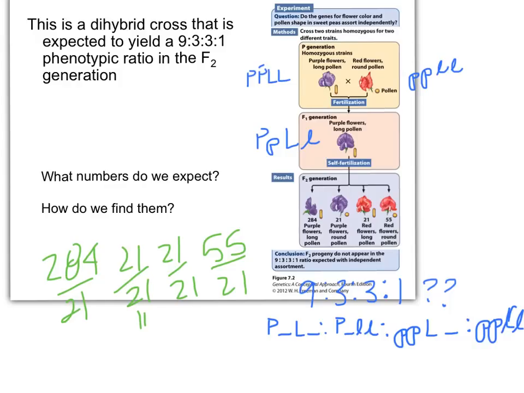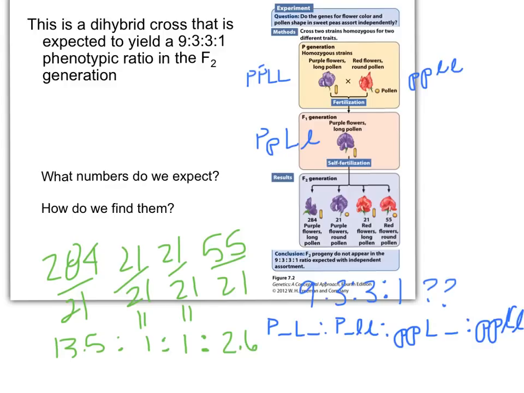Okay, back to business. So these are 1, yes? Yes, we all know that. What's 284 divided by 21? That equals 13.5. Okay, 13.5 to 1 to 1 to, what's 55 divided by 21 equals 2.6.